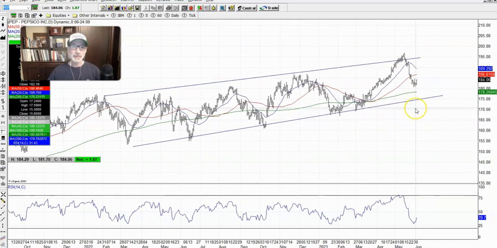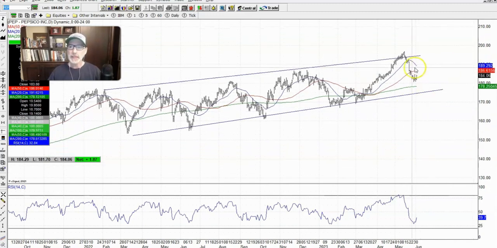Now, Disney, if you want to get bullish on Disney, great company, great dividend paying company, it's starting to get to some very attractive buying area. Pepsi, excuse me. Here's the 200-day moving average down here, and here's the bottom edge of the long-term support. Will it fall even further?